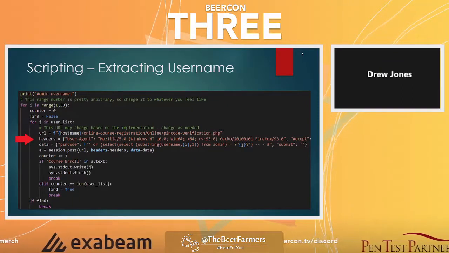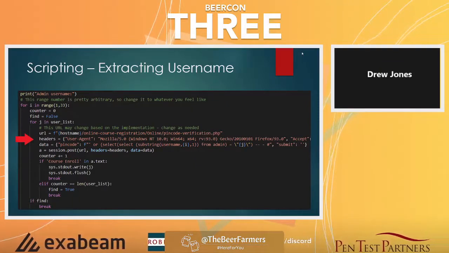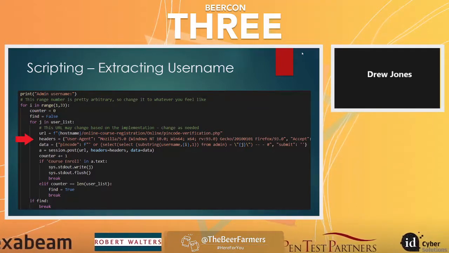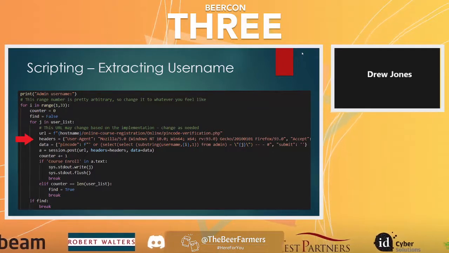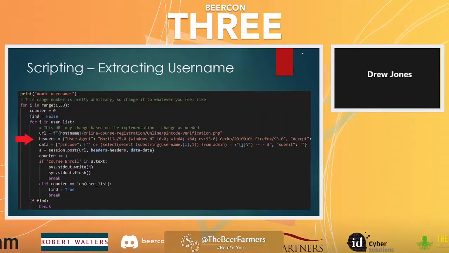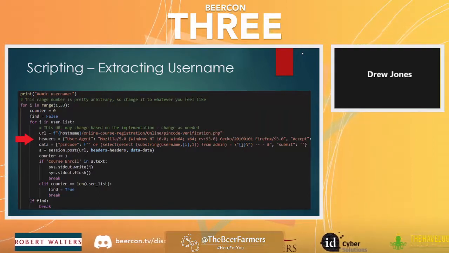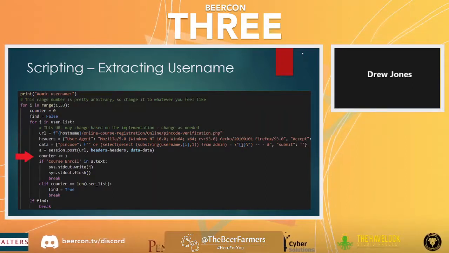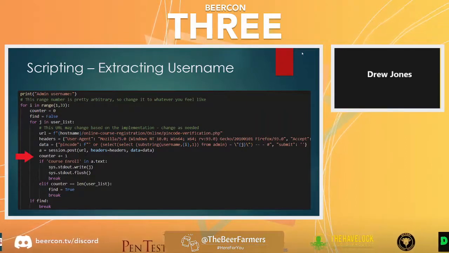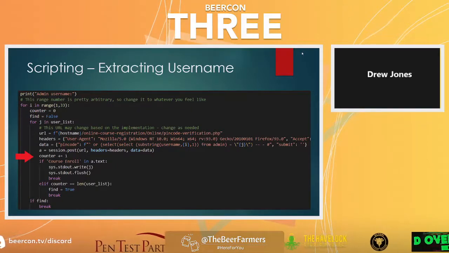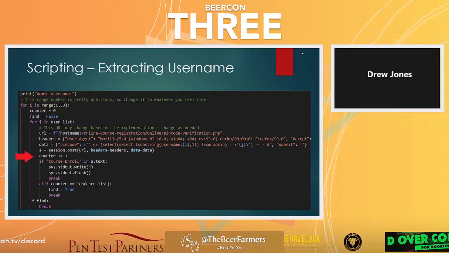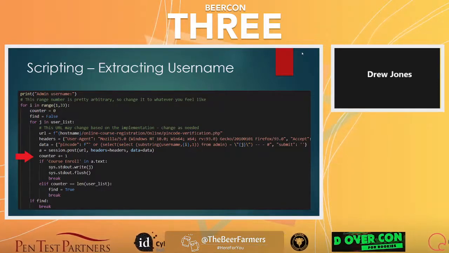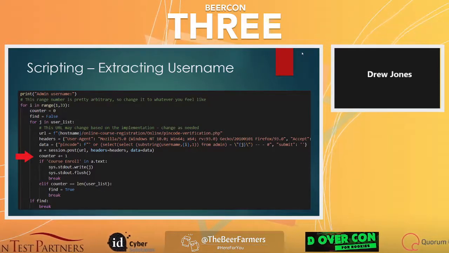And once it hits true, username will then change to 2, so we can then extract the second character from the table, which would be d. And then we're going to send this request, and we're going to do counter plus equals 1 every single time it sends, and every single time it finds true. So that way, we can continue to raise i.